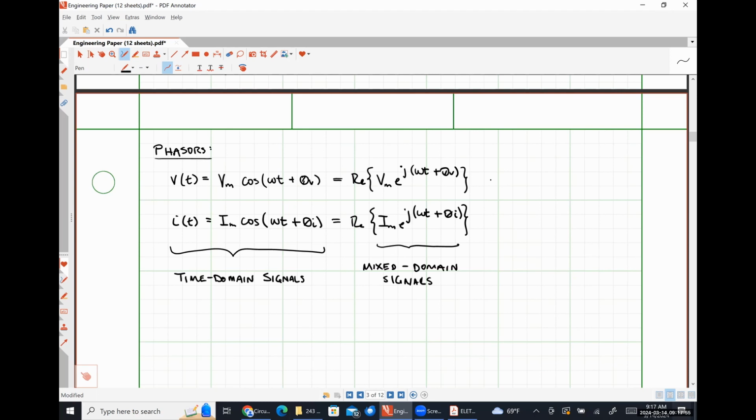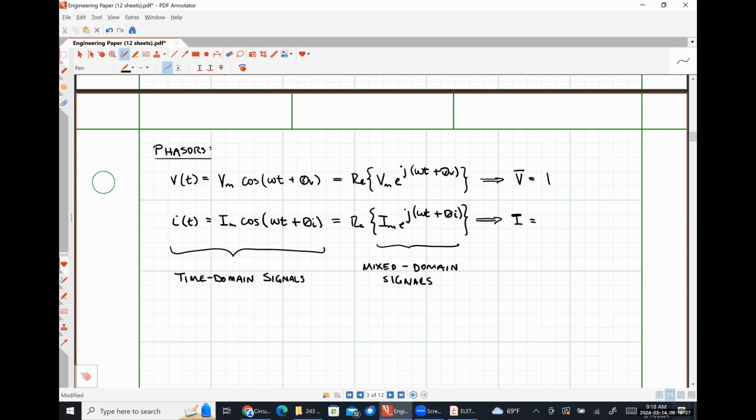So let's finally wrap things up by taking one further step. Our phasor voltage V and our phasor current I are simply going to be those mixed domain signals expressed in polar form, where we just throw away the e to the j omega t part.